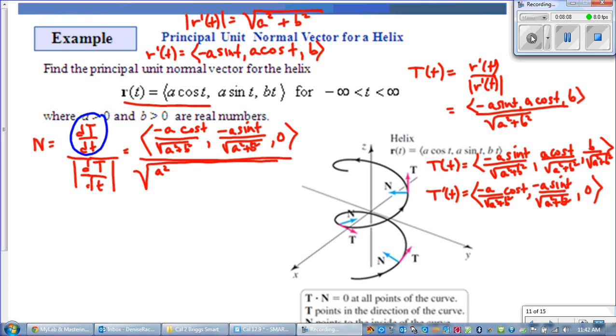The first two, when you square them, we'll have sine squared plus cosine squared, and we'll have a squared over a squared plus b squared. And that's it, because the last component is 0. So that will simply be a over the square root of a squared plus b squared.